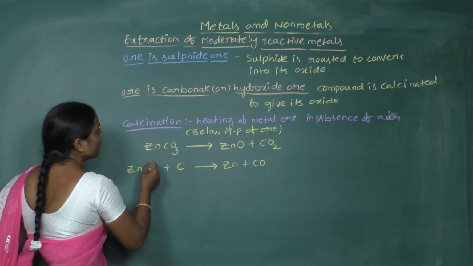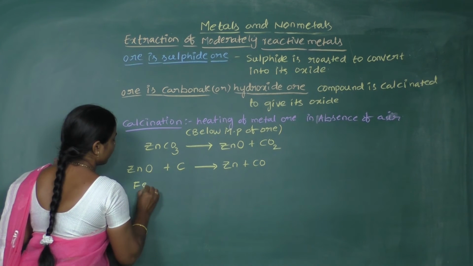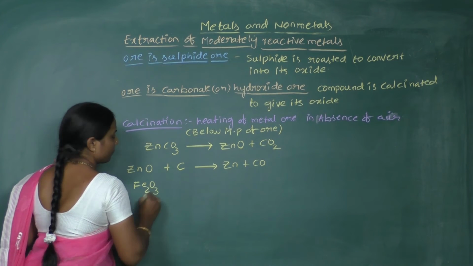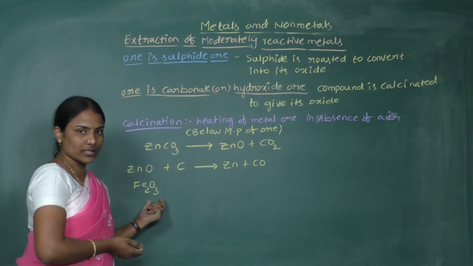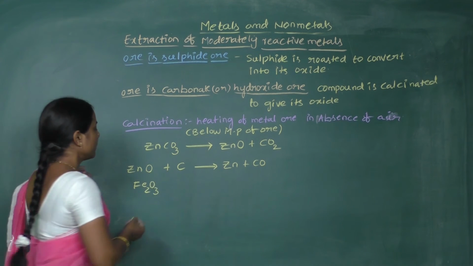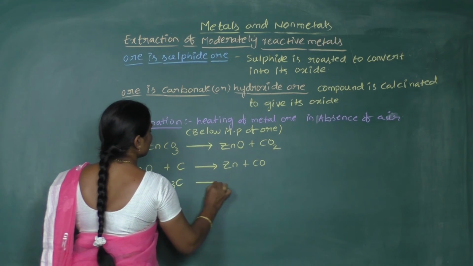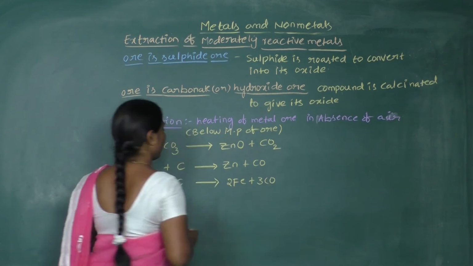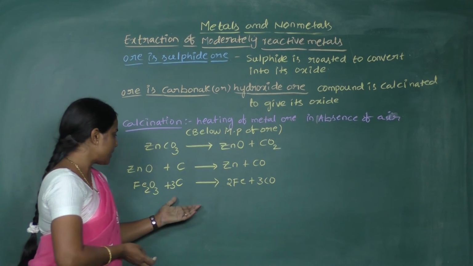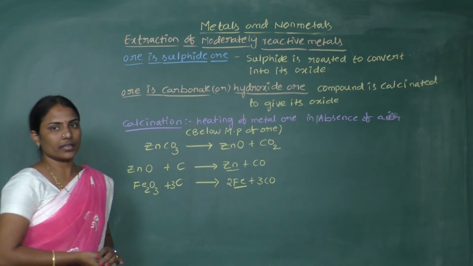Similarly, if we take iron, Fe2O3, the conversion of iron oxide into iron is also done with carbon, with carbon monoxide released, so that iron metal can be extracted.